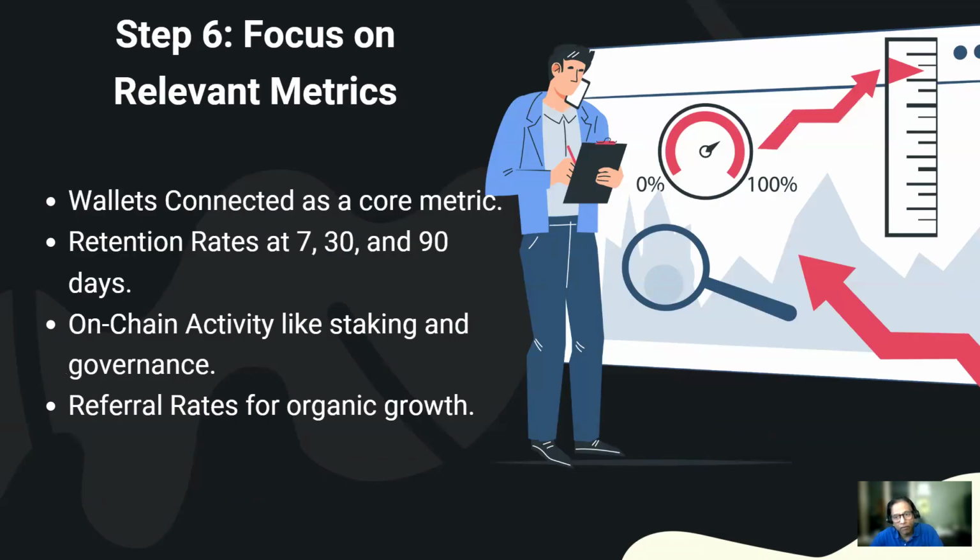So focus on the relevant metrics. Metrics are very critical in Web2 and also in Web3. As I described earlier, in Web2, people collect several different metrics, and there are tools available. For example, with Google Analytics, you can collect where users are coming from, which geographical location, how long they stayed on your website, and whether they are coming back again and again or just once in a while.